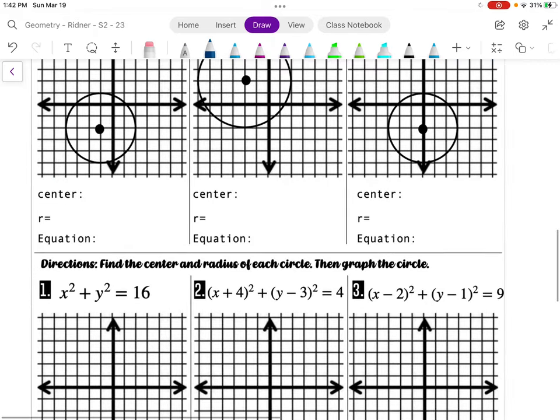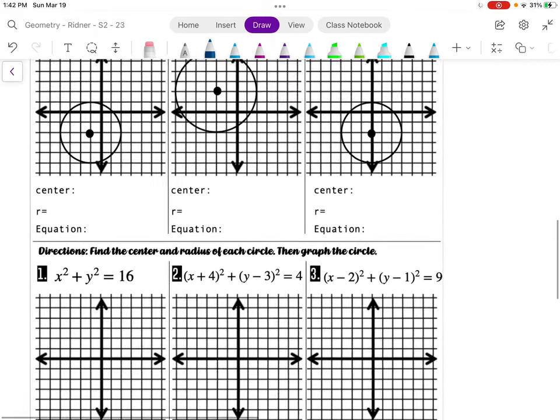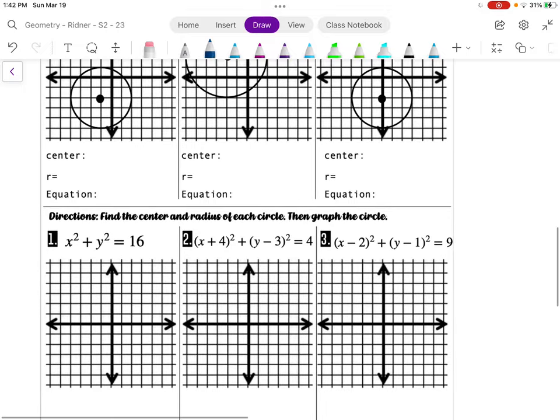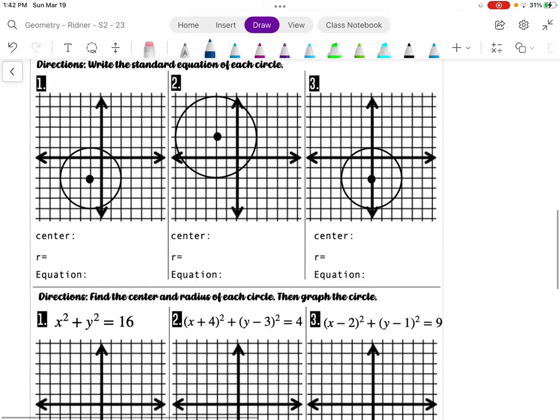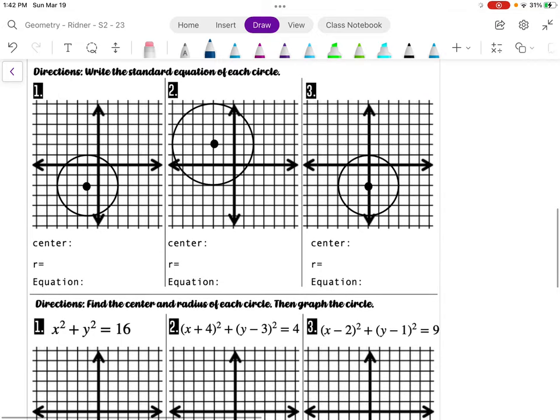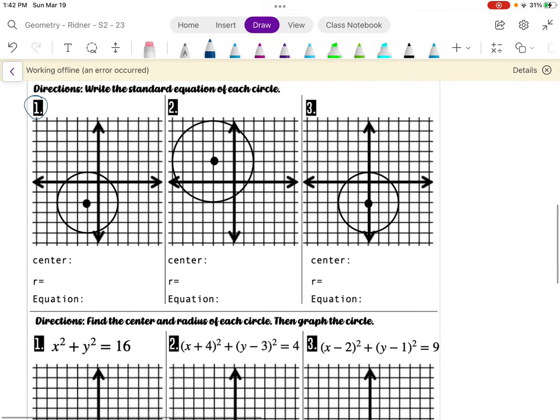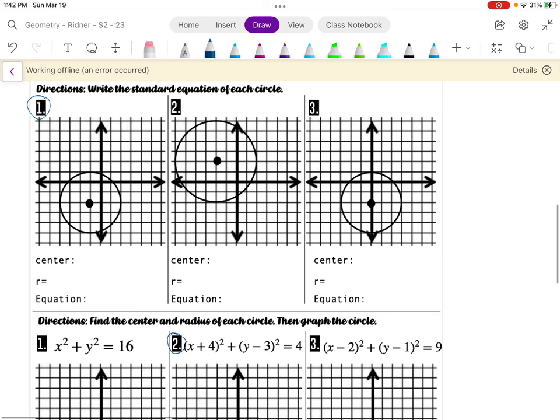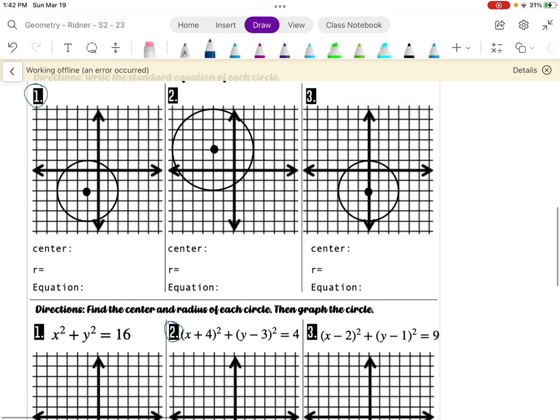And real quickly here, I'm actually not going to do every single one of these. I will do number 1 on the top and number 2 on the bottom. Okay. All right, so my center here is -1, -2. I'm just counting over to where this dot happens.